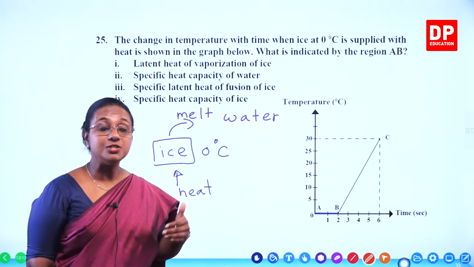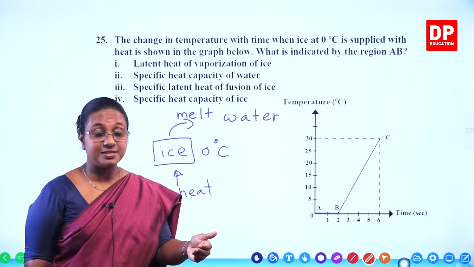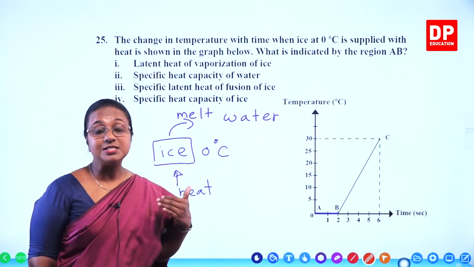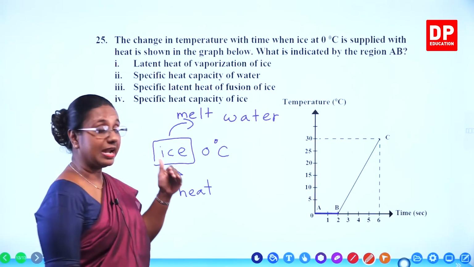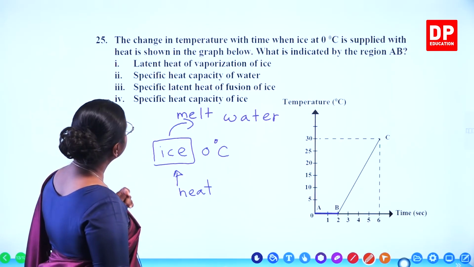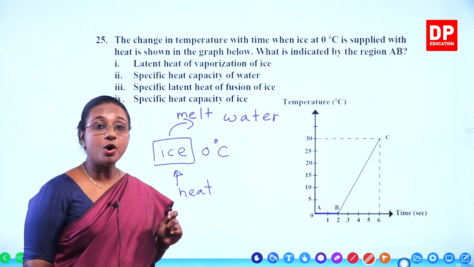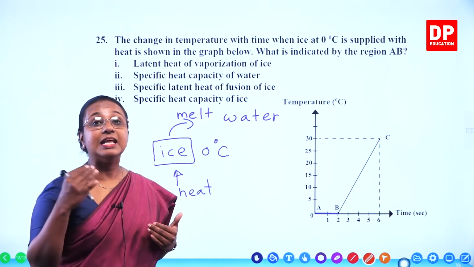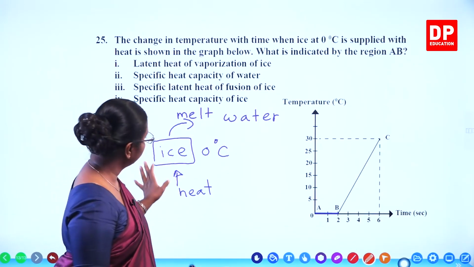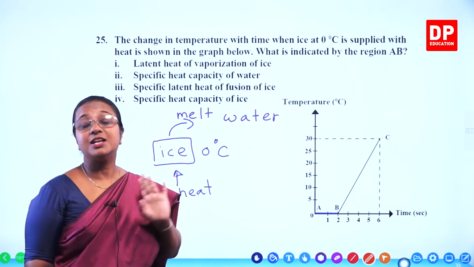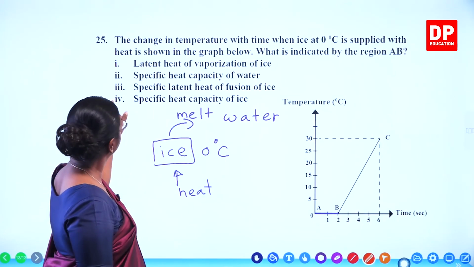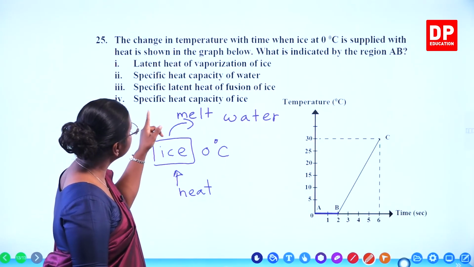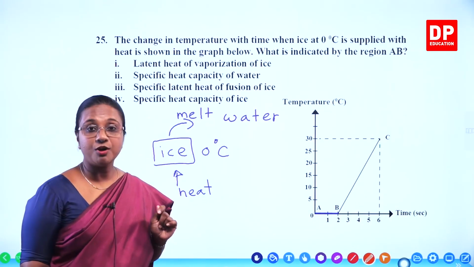Ice is a solid, so it cannot undergo vaporization. Normally, liquids undergo vaporization at their boiling point. Then the specific heat capacity of water is where the water absorbs heat and the temperature increases. Here it is ice and there is no increase in temperature. Then the third one, the specific latent heat of fusion of ice.